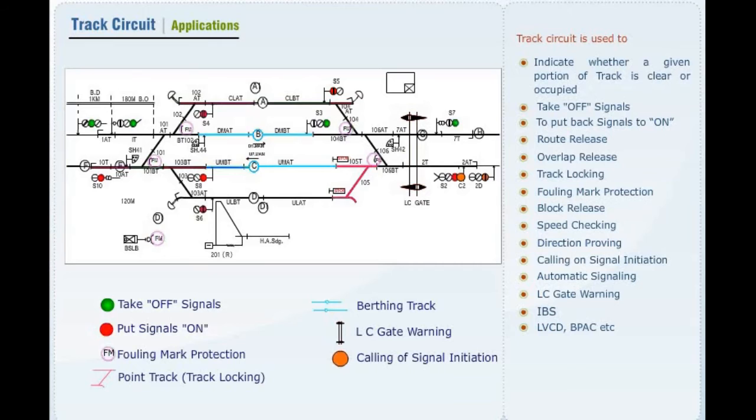Applications of track circuit. Let us know the different applications of a track circuit. Track circuit is used to indicate whether a given portion of track is clear or occupied. It is used to take off signals.